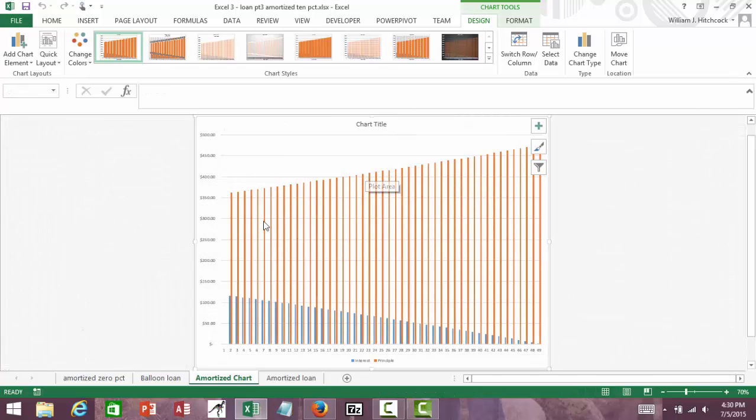And there you can see what happens as we go along. The principal starts increasing slightly, the interest rate falls down.